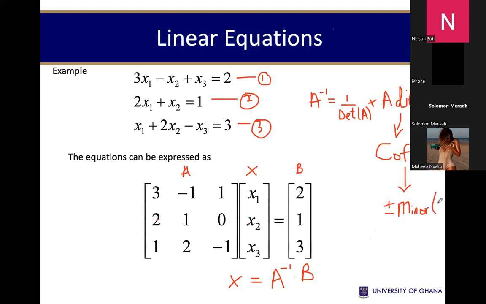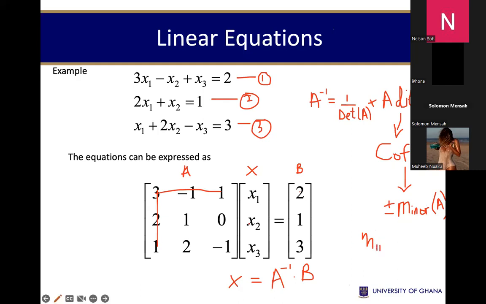And how do you get the minors of A? That's where the main thing starts. To find the minors of A, you pick this value 3 and cross out its row and column. Then you find the determinant of 1, 0, 2, -1, and that gives you the first minor of A, M11.